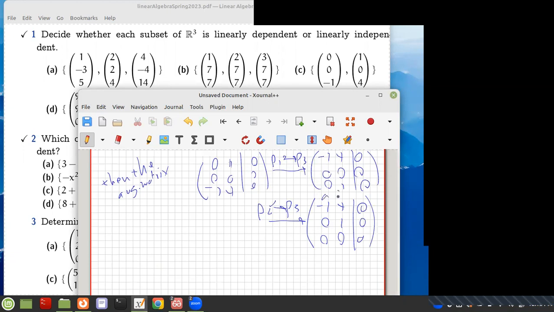Your equations are, there's the A column and B column. So the second equation is B equals 0, right? This is back substitution. And then minus A plus 4B equals 0. But since B equals 0, this implies that A equals 0.